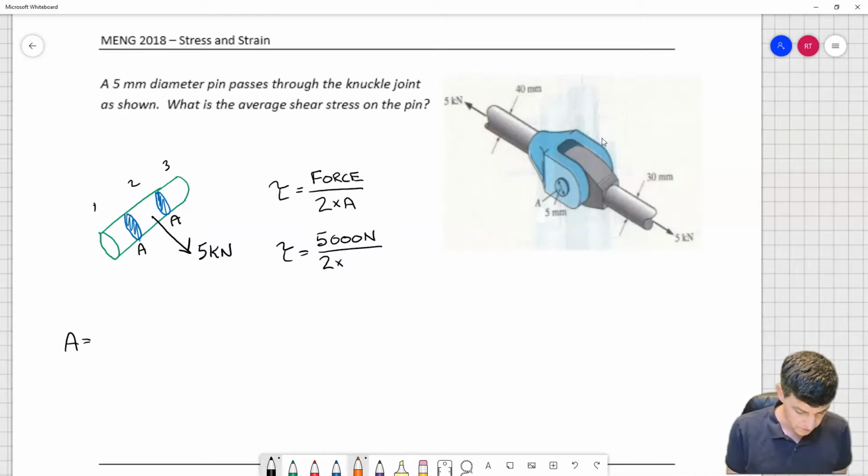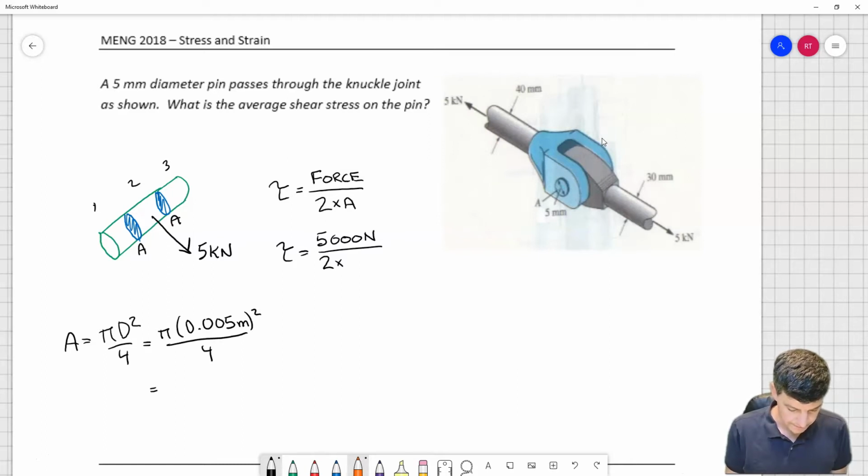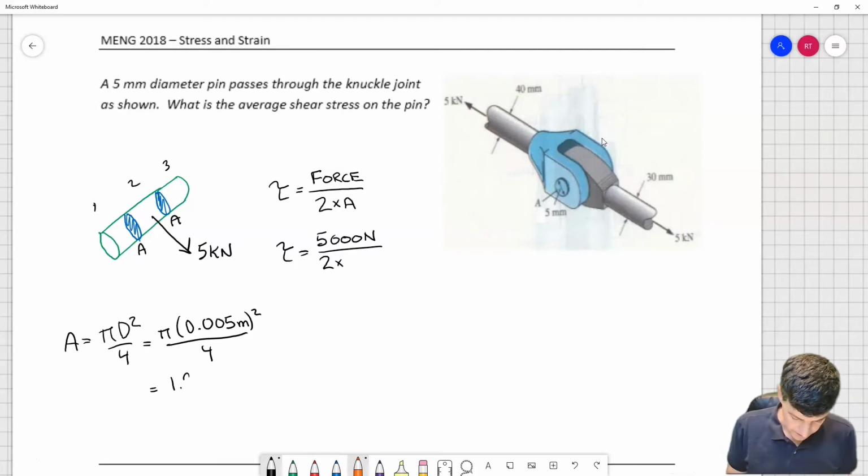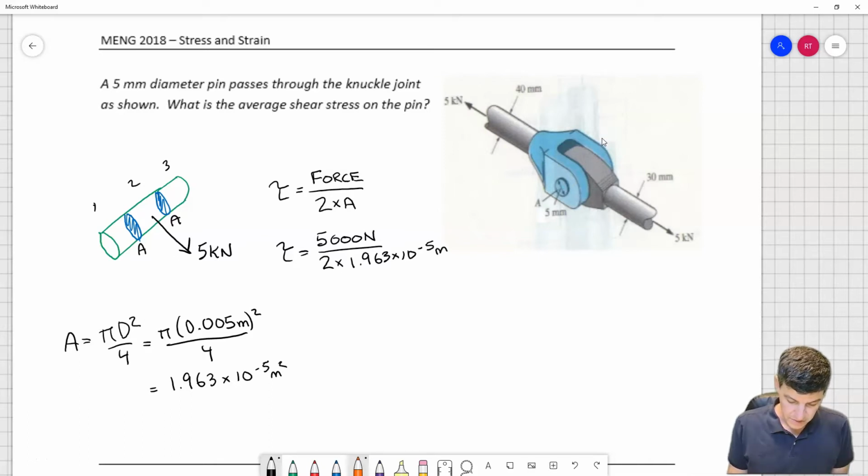My area is equal to pi d squared over 4, which is pi times 0.005 meters squared divided by 4, which is 1.963 times 10 to the negative 5 meters squared. So 5,000 divided by 2 times 1.963 times 10 to the negative 5 meters squared.